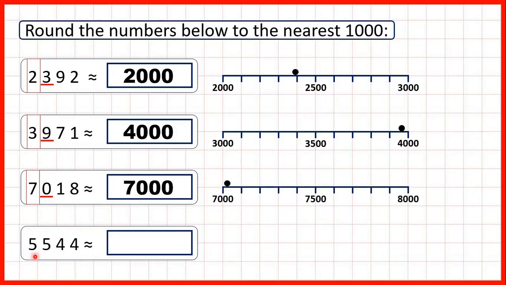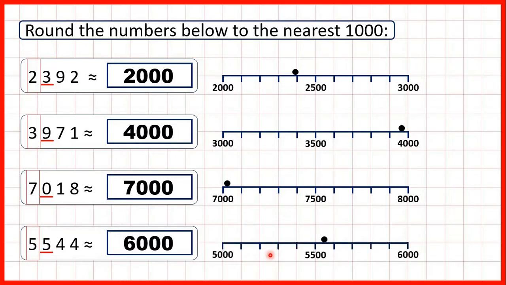And finally, we have 5,544. We highlight the place value, underline the digits to the right, and because it's a 5, if it's 5 or more, we round up. And that means that this 5 in the thousands is going to become a 6, so we get 6,000.